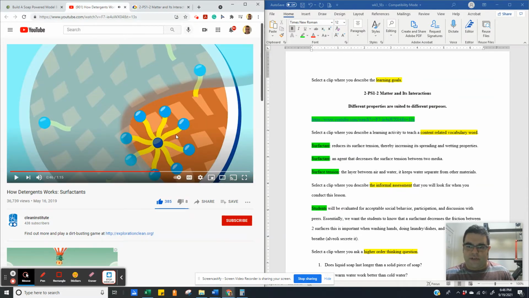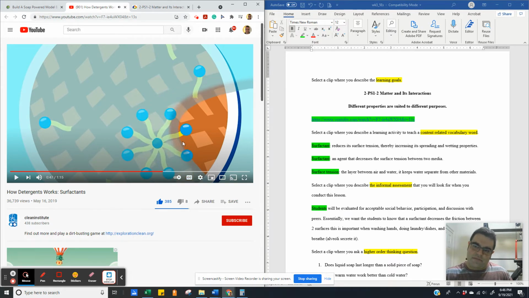So in this image right here, this center circle is the soil, the dirt, and these ends here are the hydrophobic ends, and they attach to this piece of soil.